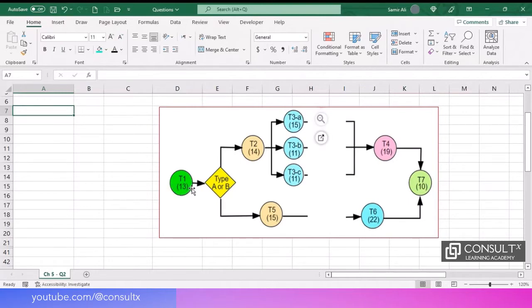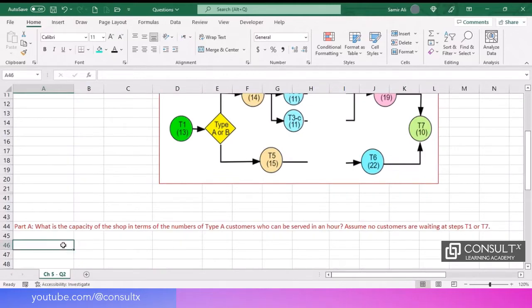T1, 13 minutes, T2, 14, and then at T3, we've got 15 minutes, T4, 19 minutes, and T7, 10 minutes. So it's pretty clear that T4 has the highest number of minutes, which means after every 19 minutes, the shop can take a new type A customer. So that's the shop's capacity.